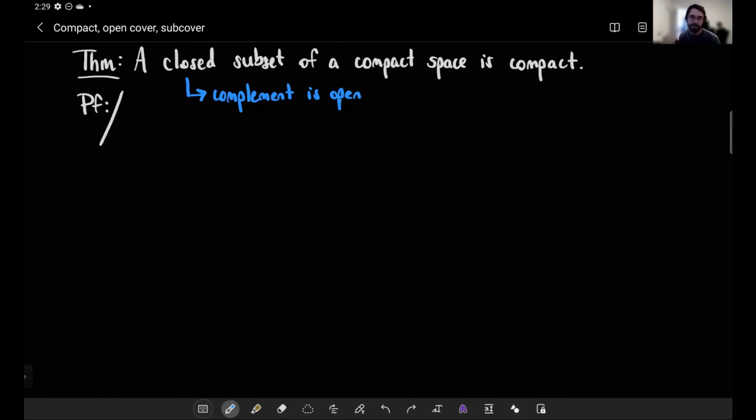So a closed subset of a compact space is compact. Well, let's start with some notation. Let (X, tau) be a compact space.